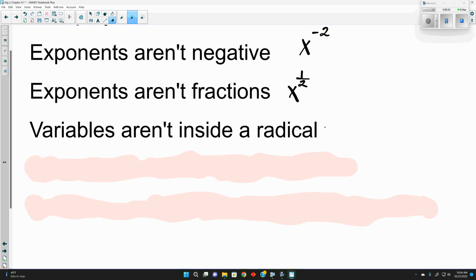We can't have variables inside a radical. So square root, cubed root, any of those, we cannot have a variable inside of a radical. So we can't have the square root of x or the 9th root of x.